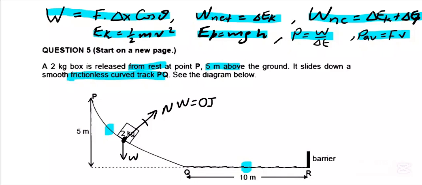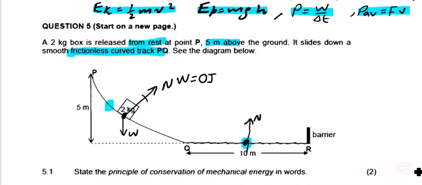Okay, no work done. Then if the box is here, we are going to have the normal force and the weight. So there is a friction that opposes the motion, no other force, but this one and this one, they are perpendicular.